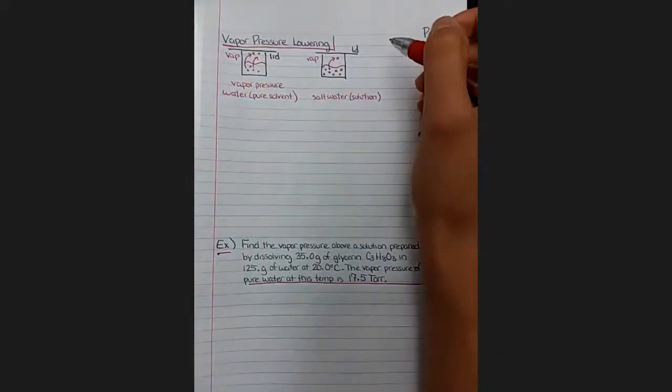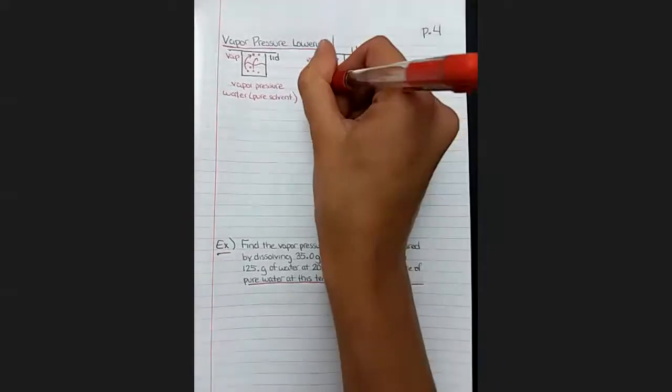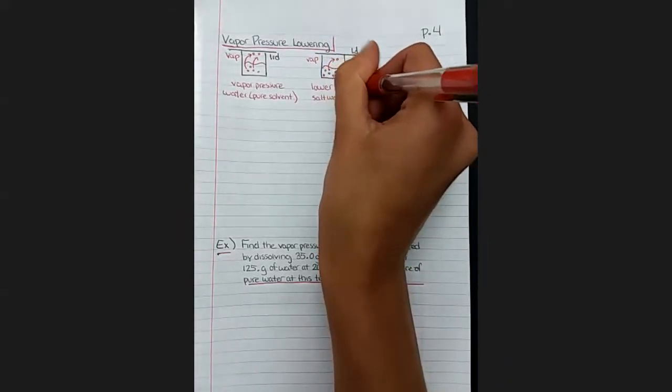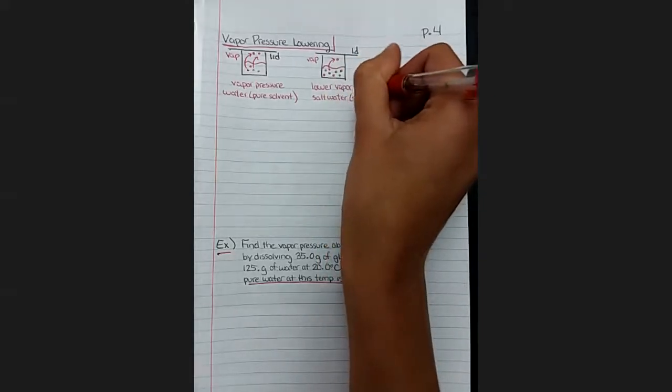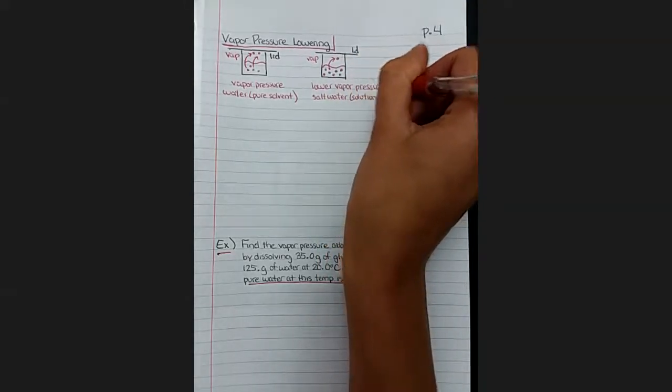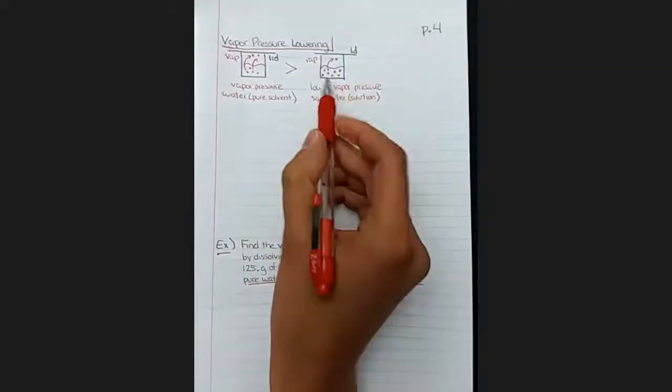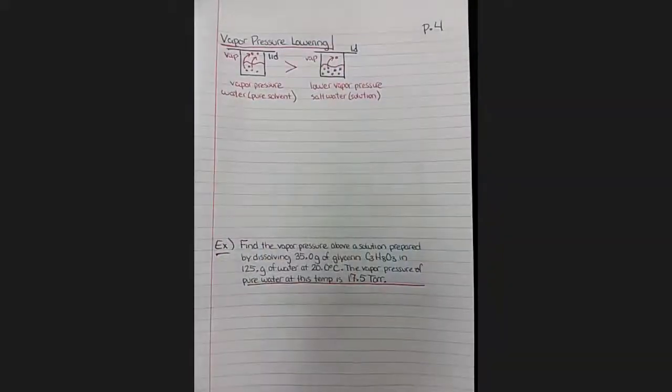There isn't as much vaporization, so the vapor pressure above the solution is lower than it was above the pure solvent. So the pure solvent is greater than above the solution.